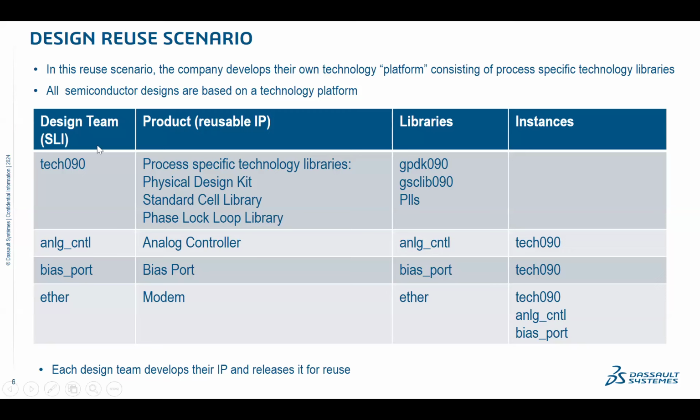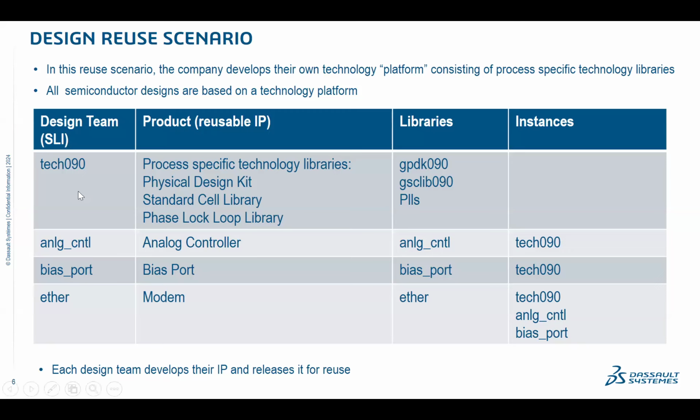Starting at the bottom, the technology, I'll call it a 90 nanometer technology, has a physical design kit. There's a standard cell library. There's some phase lock loop library that is built on that. So this team has built a technology that's managed in a semiconductor logical item. But in there are three different EDA libraries. These are the libraries that the EDA tools actually read and write to on disk.